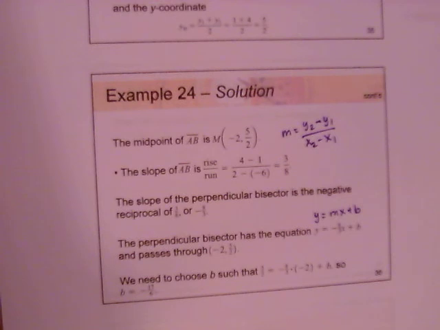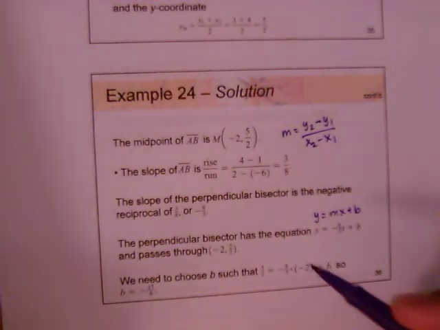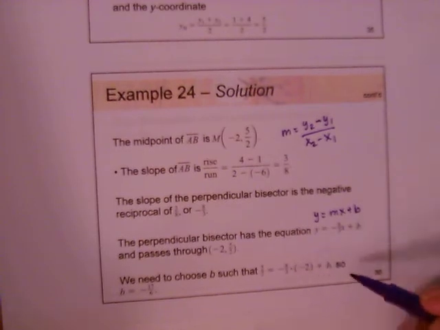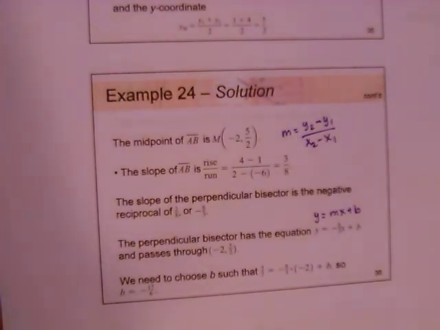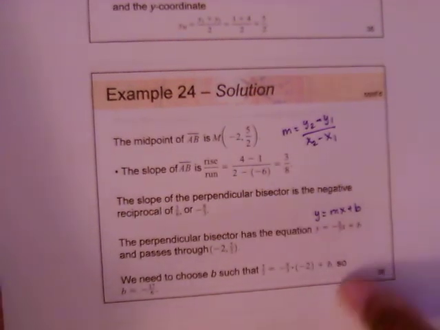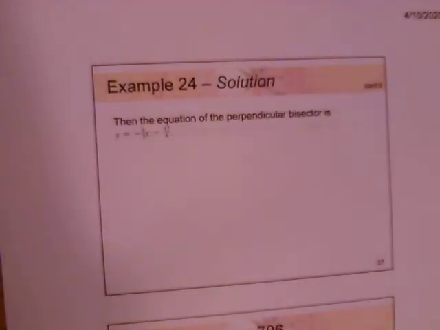So we have to use that along with the slope of -8/3. Okay. Now, when they did the algebra, they came up with b is equal to -17 over 6. So that means the equation of the perpendicular bisector is y equals -8/3 x minus 17 over 6.